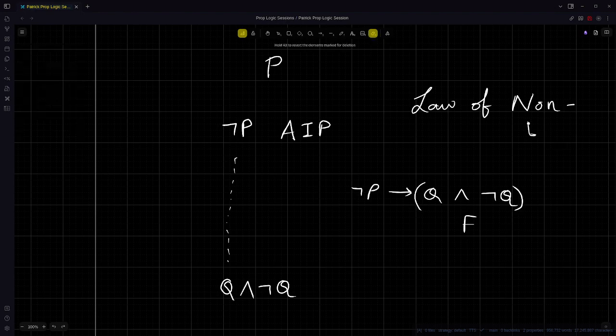It's called the law of non-contradiction because non-contradiction means not contradictions, which means contradictions are always false.